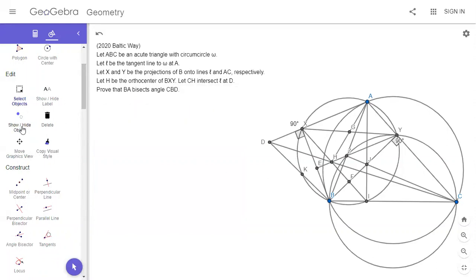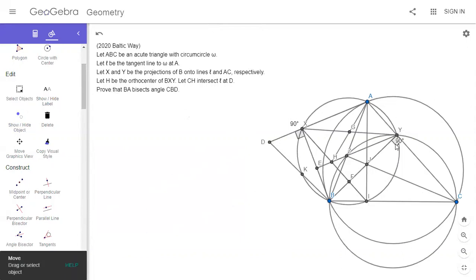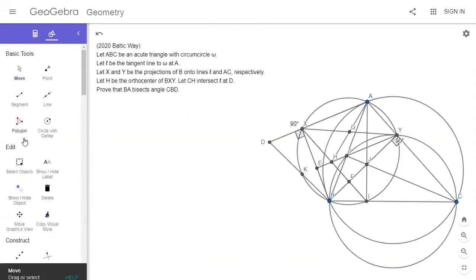Anmol says, let K be the intersection of YE with the circle, and let BK intersect AX at D. And then you said you can use Pascal's theorem to show D, H, and C are collinear.